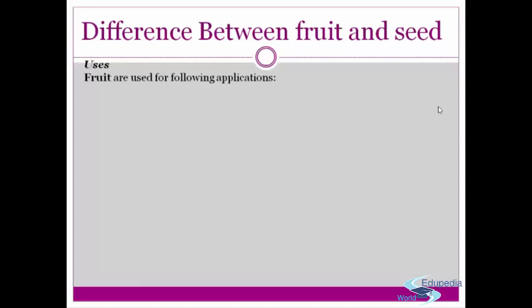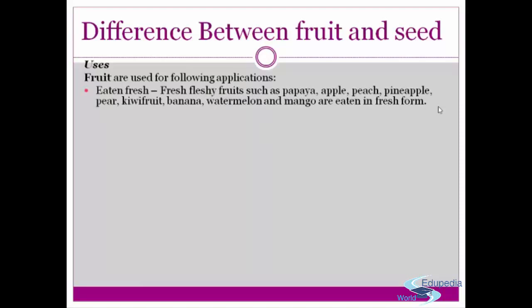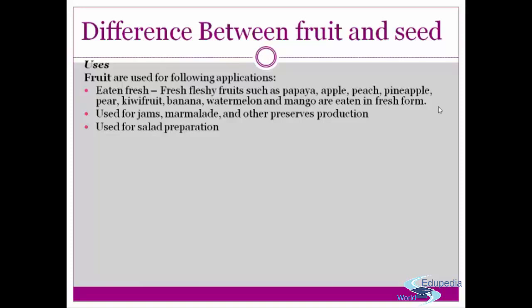Difference between the fruit and seed according to its uses. Fruit is used for the following applications: eaten fresh, as fleshy fruits such as papaya, apple, peach, and pineapple are eaten in fresh form. Used for jams, marmalade, and other preserved products. Used for salad preparation.